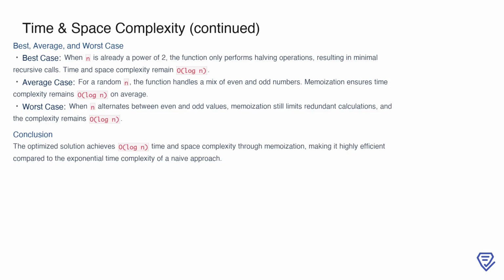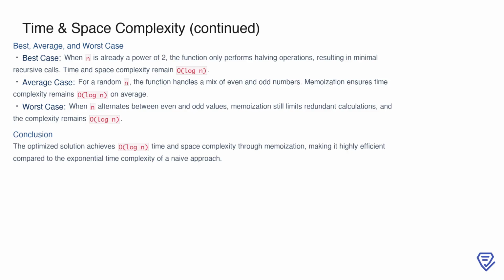The best, average, and worst-case scenarios all align with the efficiency achieved by the optimized solution. In the best case, when n is a power of 2, the function only performs halving operations, minimizing the number of recursive calls. Here, the time and space complexity remain O(log n). In the average case, for a random value of n, the function handles a mix of even and odd numbers.